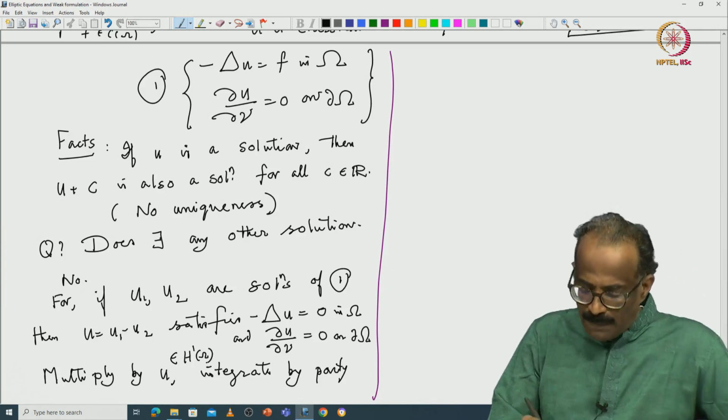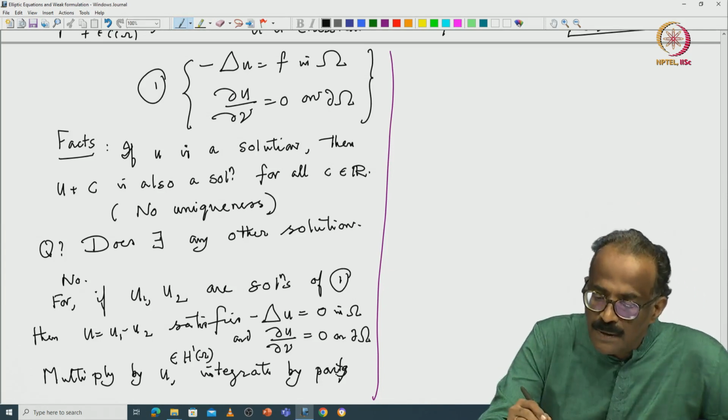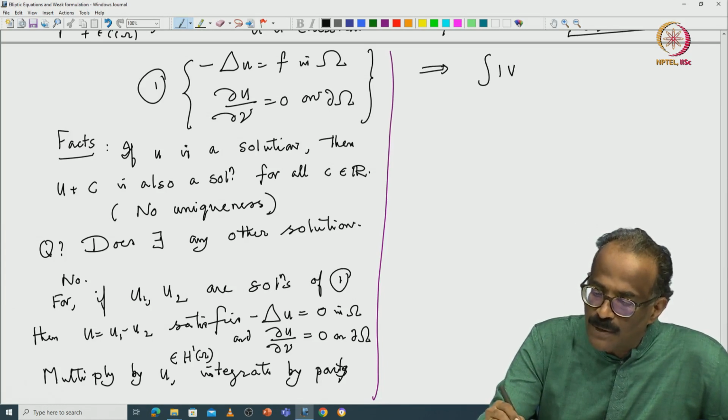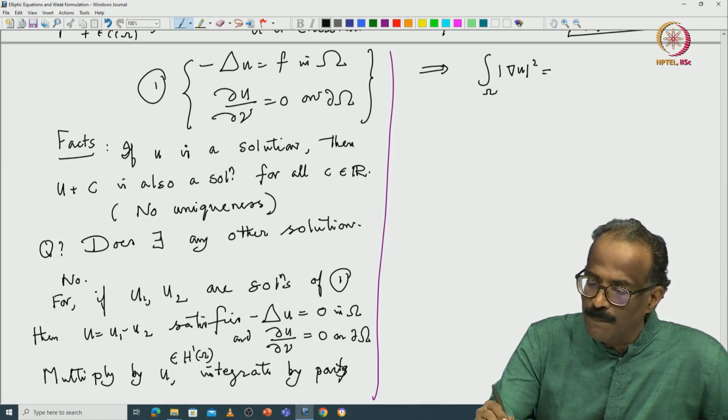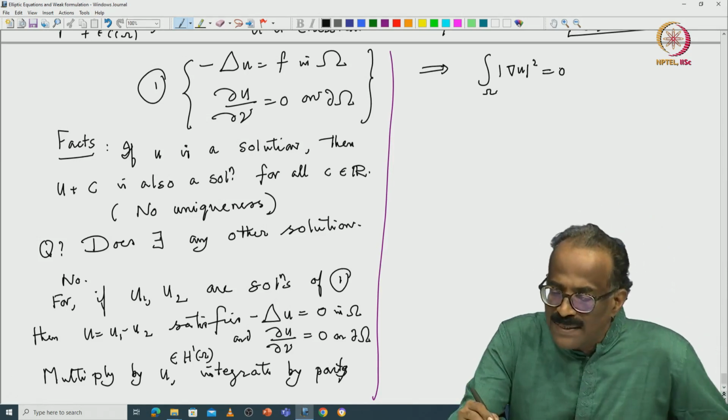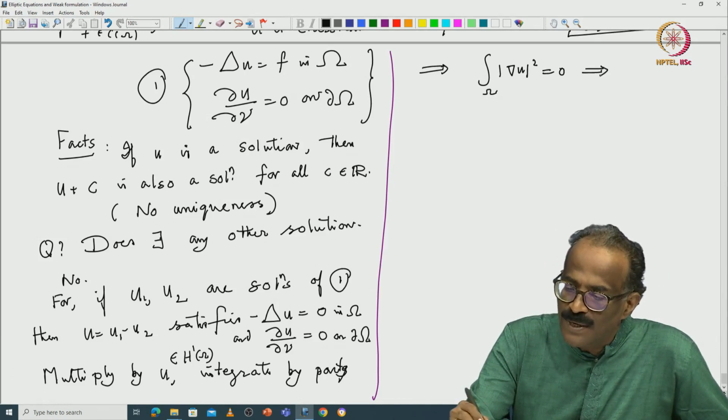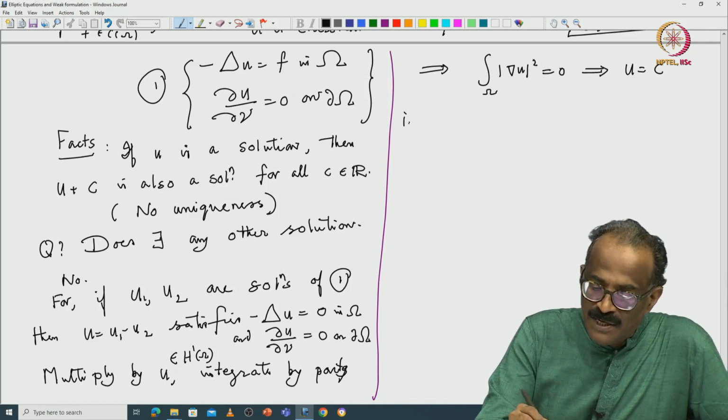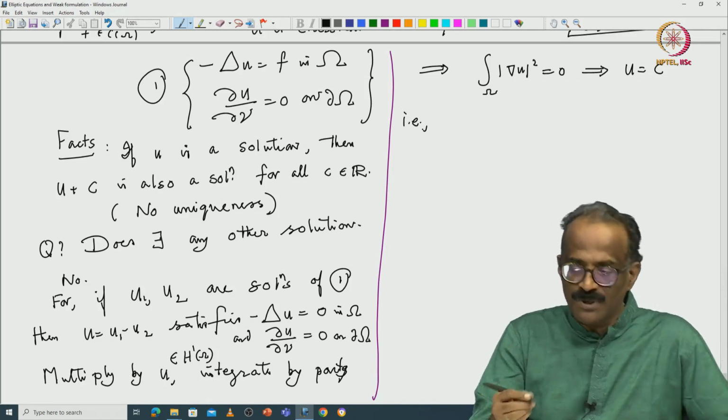Integration by parts gives you integral of grad u square equal to 0. The boundary term does not come. That implies u equal to constant. That is, any two solutions differ by a constant.